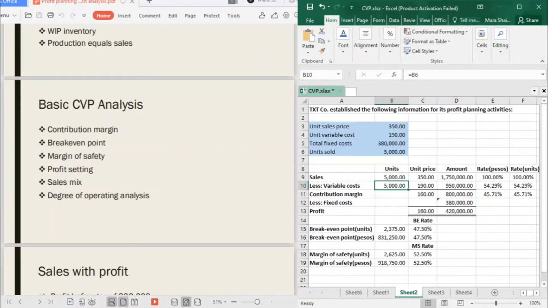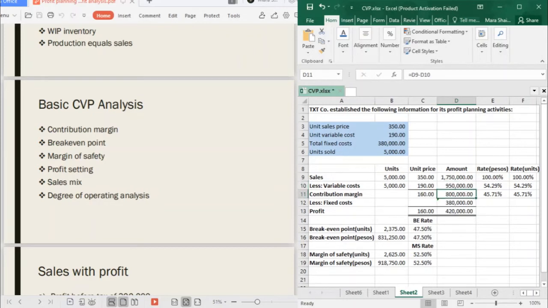Now, you multiply the unit price and the unit variable cost, so we have 350 and 190. To get the peso value, just simply multiply the unit price with the number of units. So you have here 1.75 million and 950,000.